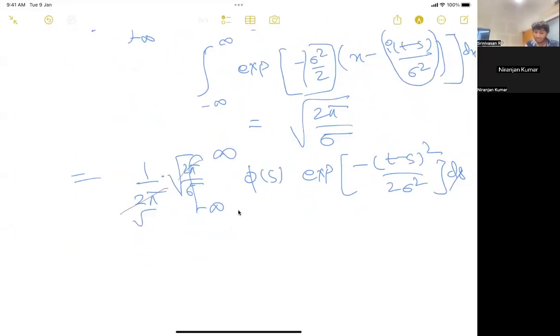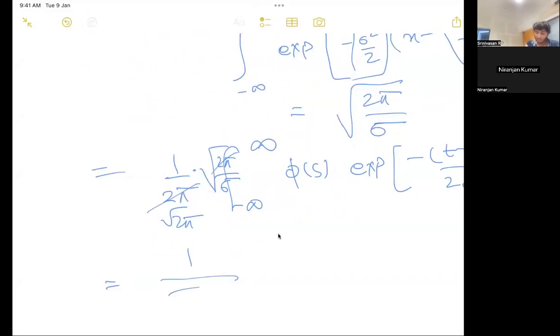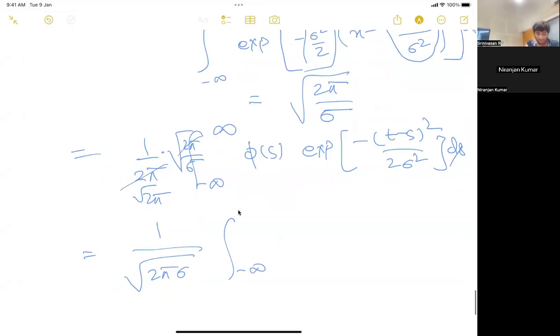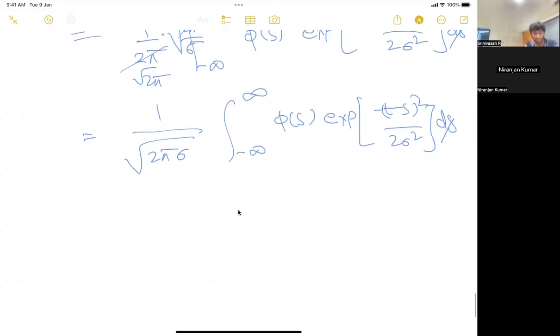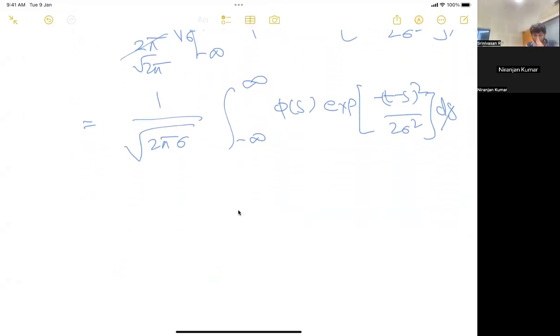We cancel out, so this will become 1 upon square root 2 pi sigma, integral from minus infinity to infinity of phi of s times the exponential, ds. So we have got this particular quantity.